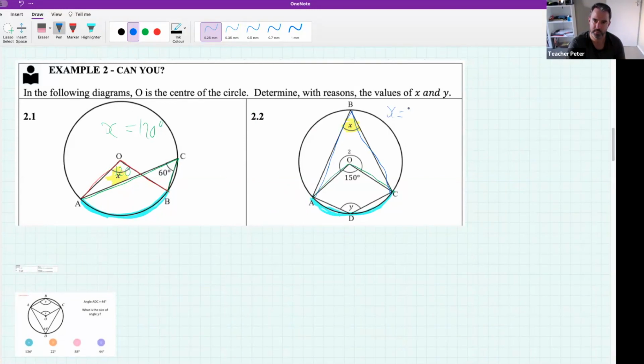So X will be 75. Now, there is another angle that they want to know, which is hiding down here. Can you find me the size of angle y?